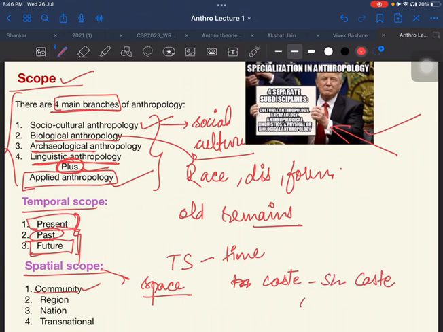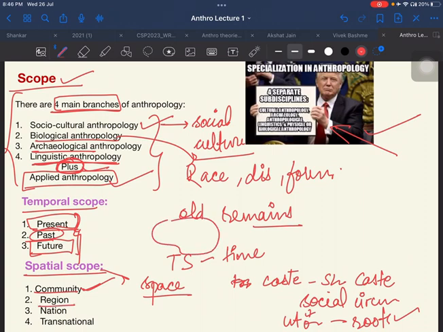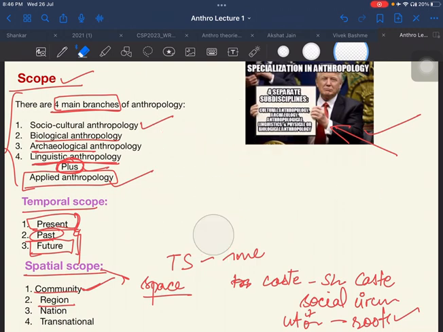Anthropology will study its social circumstances. Then it will see that this caste has the problem of untouchability. It will go into the roots of it through the branch of sociocultural anthropology. So in this way, a community is studied. Then a region is studied. For example, in North India, there are many castes, n number of castes.